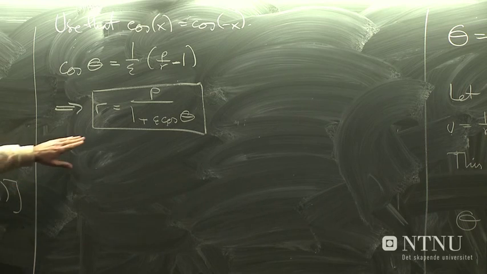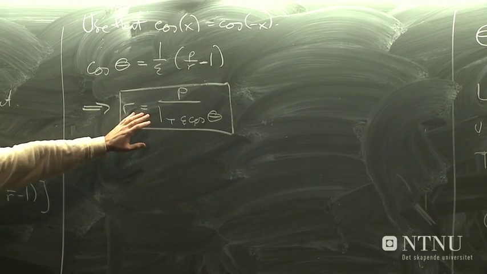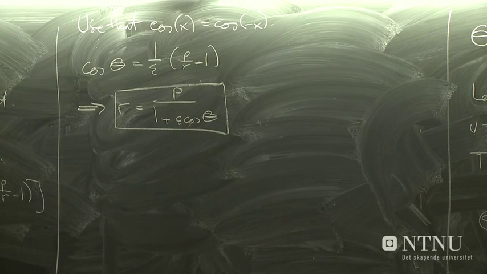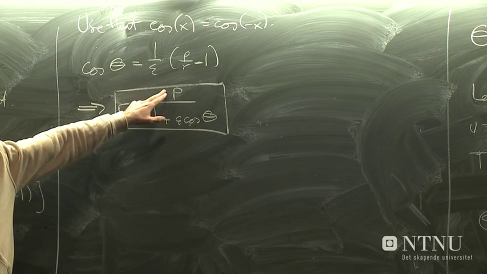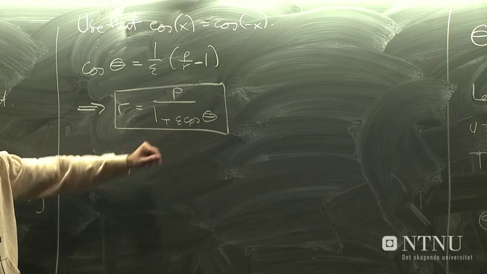And this is a pretty neat form, I think, for r as a function of theta. So it describes how the radius of the trajectory of the particle depends on the angle. And it's expressed solely in terms of these two parameters, the orbit parameter p and the eccentricity epsilon.